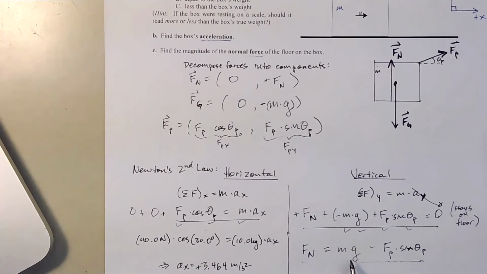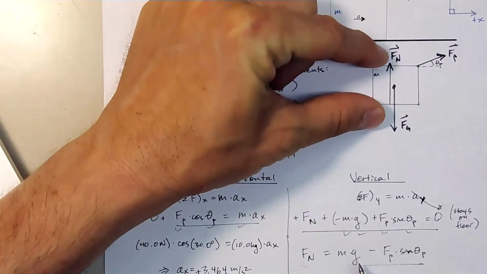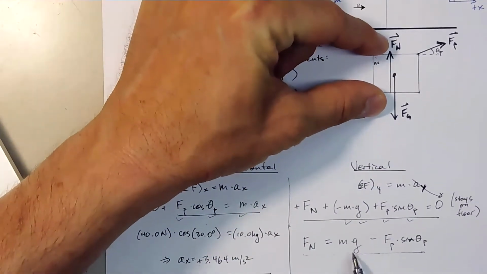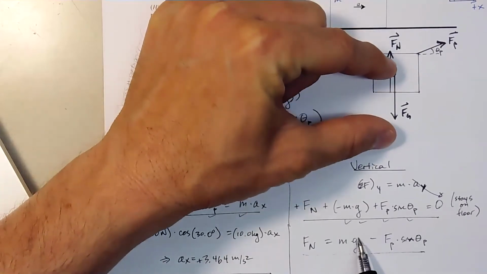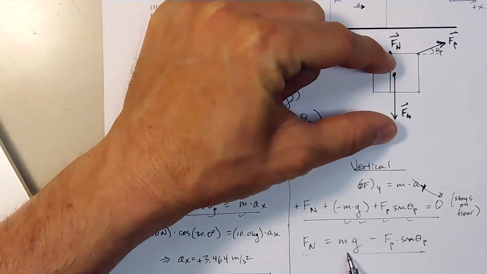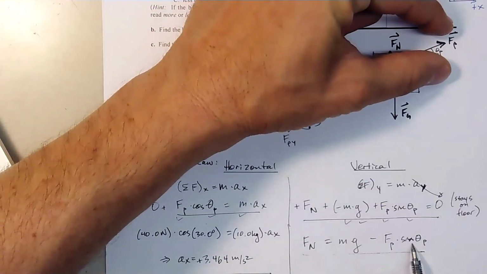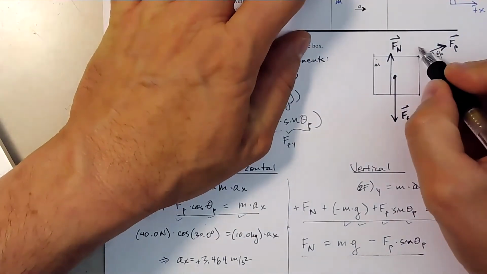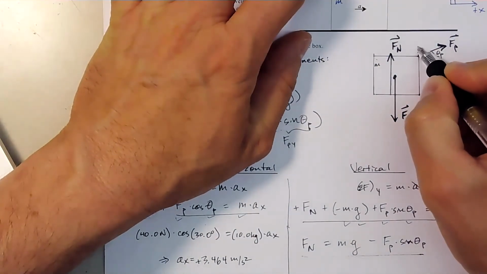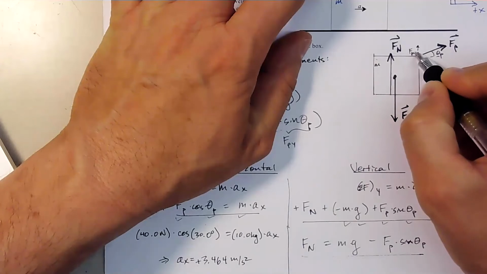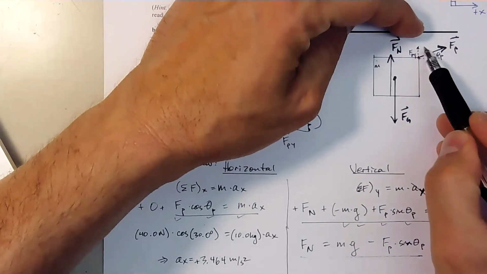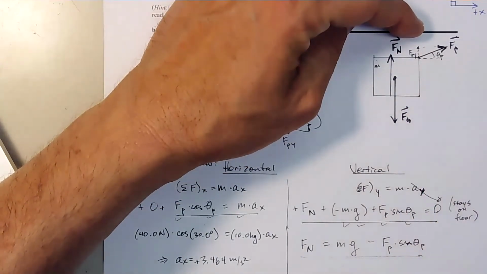It's saying the magnitude of the normal force coming out of the floor is going to be equal to the weight of the object, mg in magnitude, less the upward component, F_P sub y, right? This is the upward component here. So it's F_P y of the person's pulling force, right?